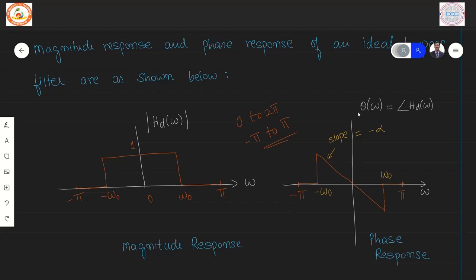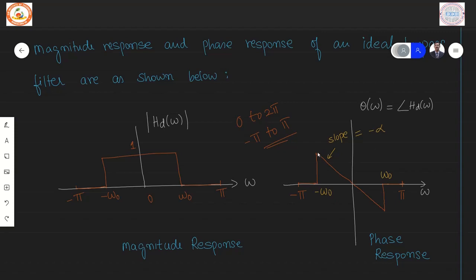Now coming to the phase part, theta of omega is the angle of Hd of omega. Here we consider the magnitude, here we are talking about the angle now. The phase response varies linearly in the range between minus omega naught to plus omega naught. So it is linear and it carries a slope equal to minus alpha.